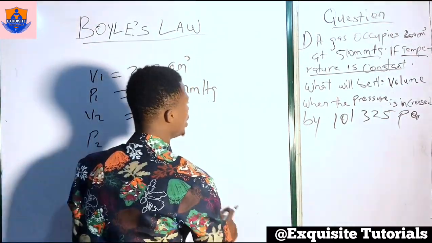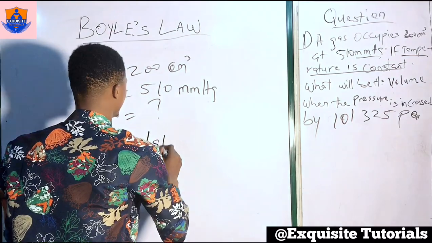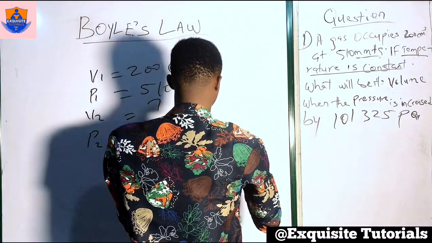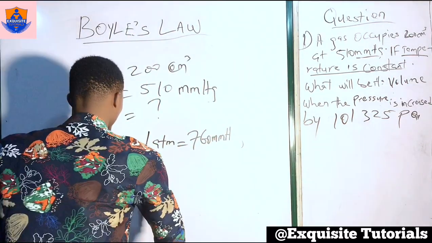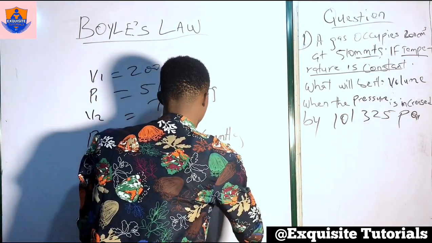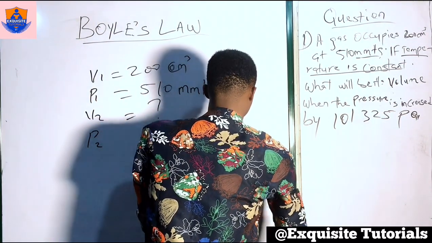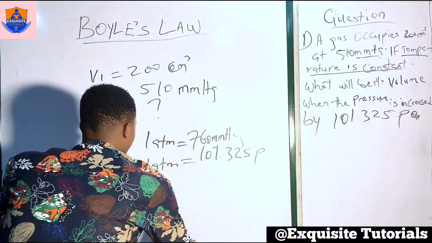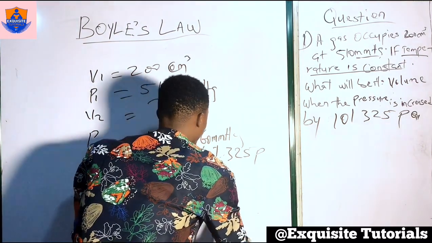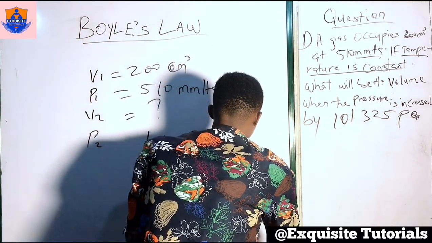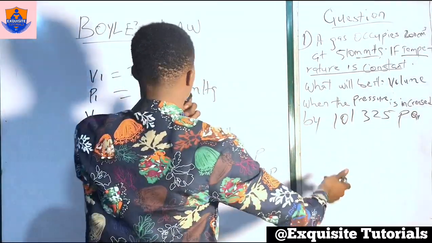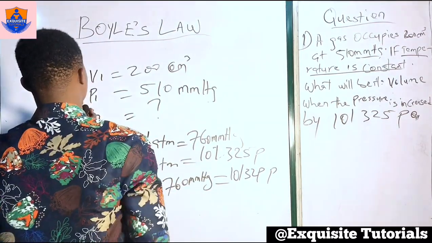We know that 1 atm is equal to 760 millimeter mercury, and also 1 atm is equal to 101,325 Pascal, which means that 760 mmHg is equal to 101,325 Pascal. Which is to say that our pressure was increased by 760 millimeter mercury.